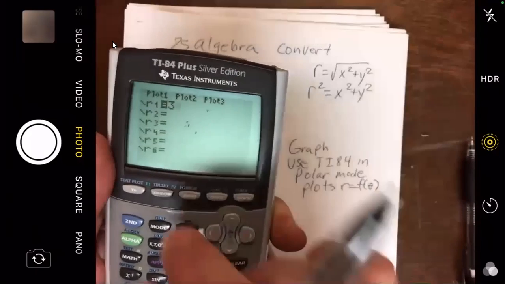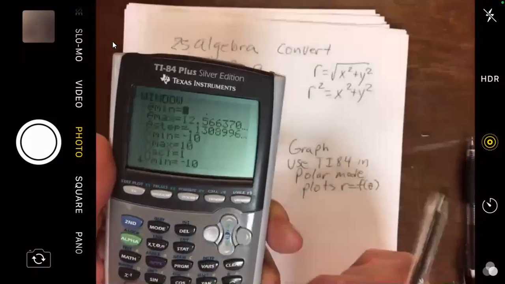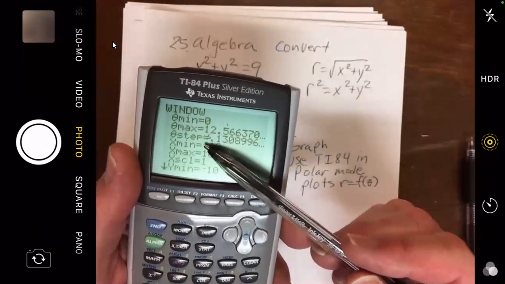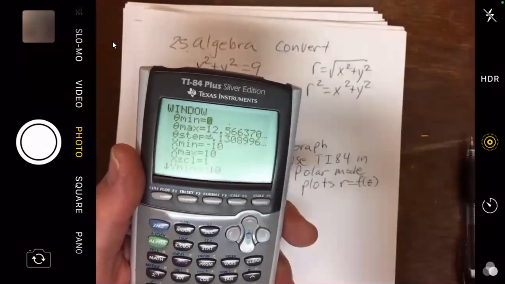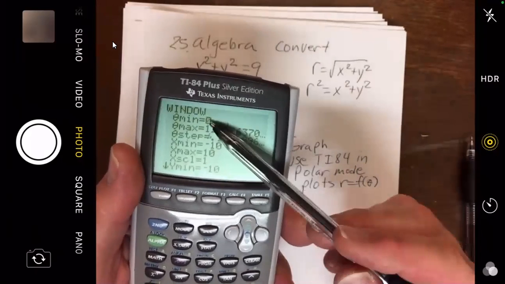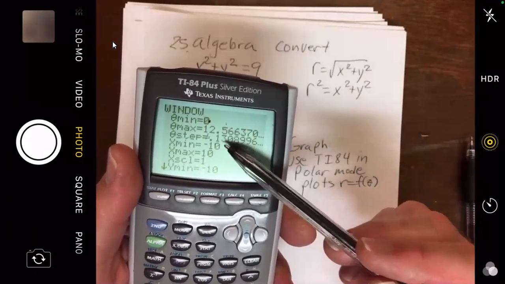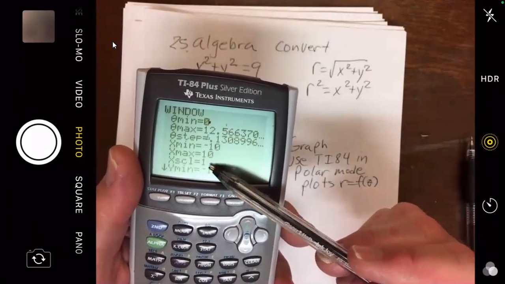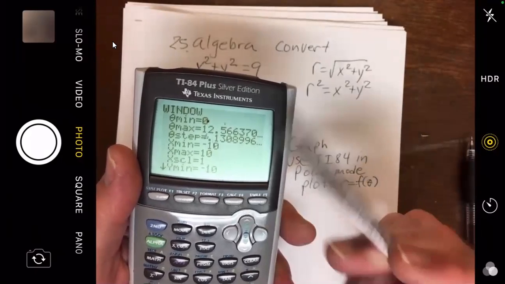So super simple entry. When I go to window, just like before I had a Tmin, Tmax, T-step, that was just a random parameter. Now I'm getting an angle: a minimum angle, maximum angle, and a step on the angle. And then you get your negative 10, 10, 1, negative 10, 10, 1.